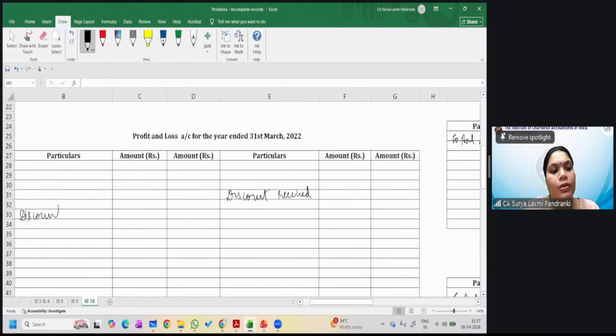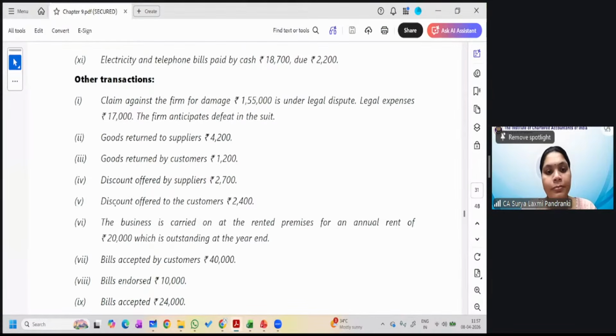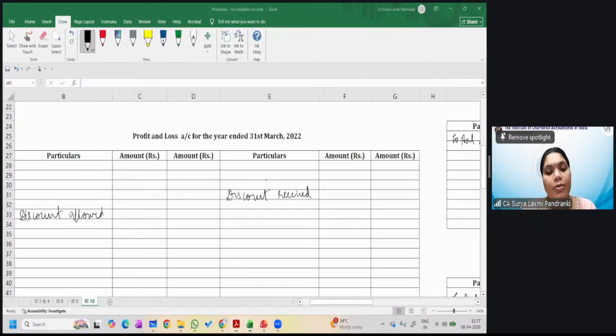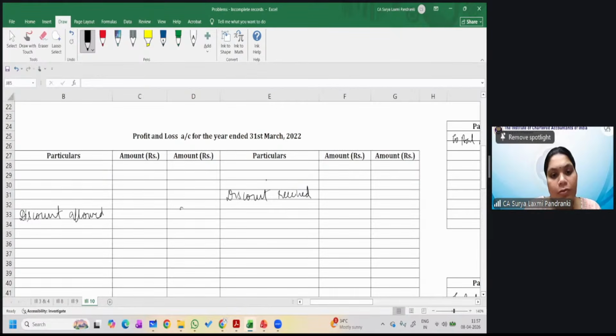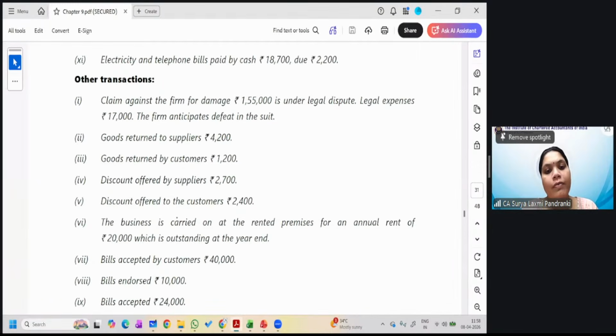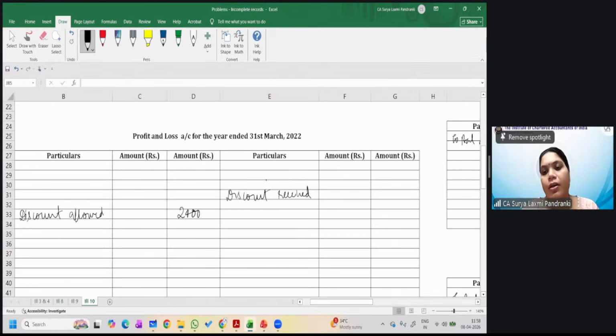Writing discount here on both the sides: one is discount received and the other is discount allowed. How much is discount allowed? Allowed means we are giving to customers. That is an expense to you, so it will be 2,400. And what is discount received? You have received 67.